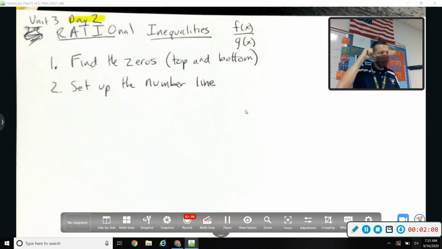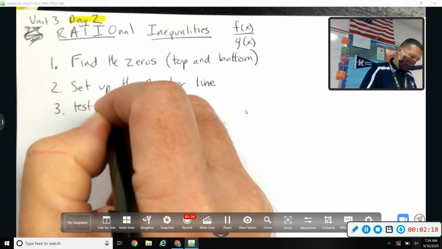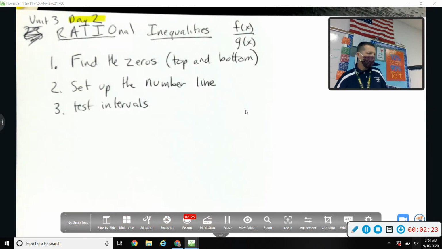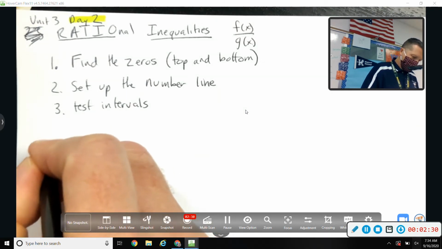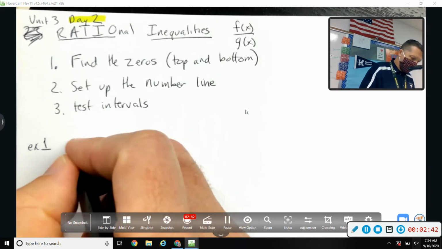So then we're thinking about open circles and closed circles. And after we set up the number line, we'll need to test the intervals. So we'll do 2 examples, and then I'll give you the worksheet, and we'll do one together off the worksheet to kind of jumpstart the homework process.